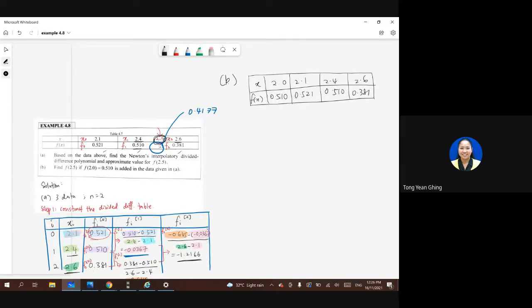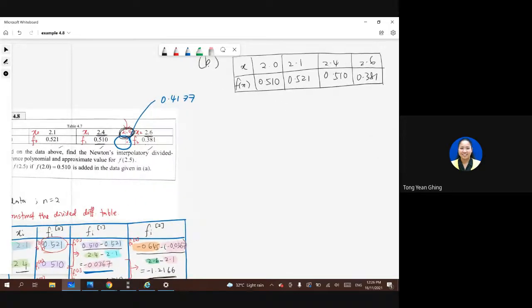Okay, now we have to do the divided difference. Construct divided difference table.